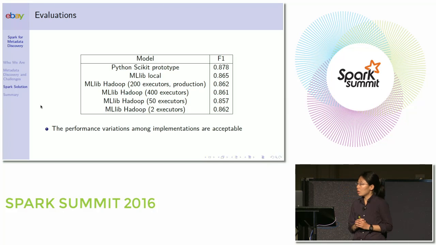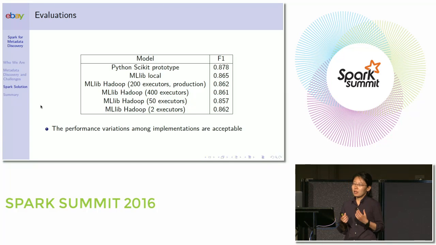And we did some evaluations. And you can see that there are a little bit of performance variations across different implementations and settings. But these variations are acceptable, and we found that it's hard to decide how many executors we want.